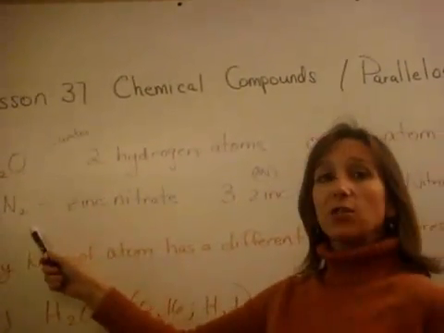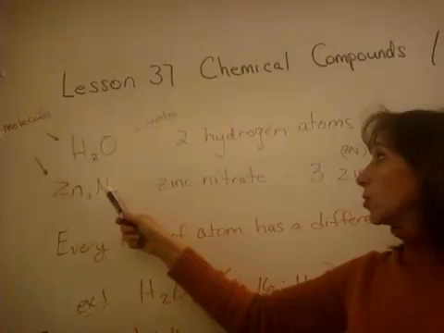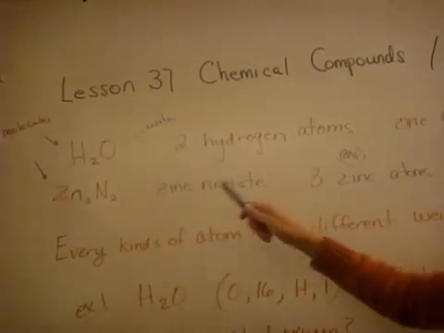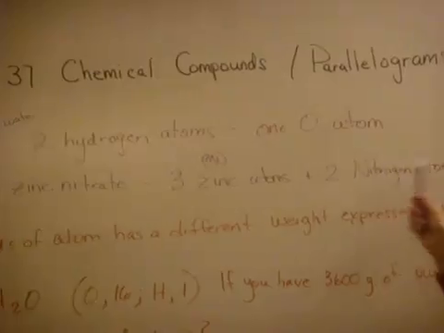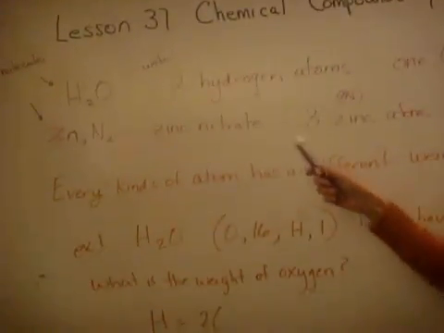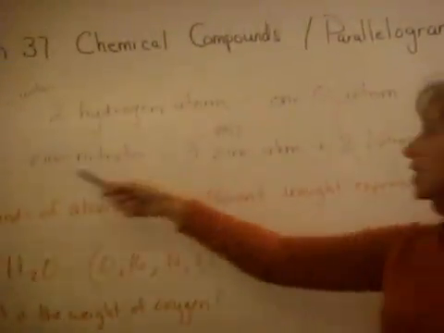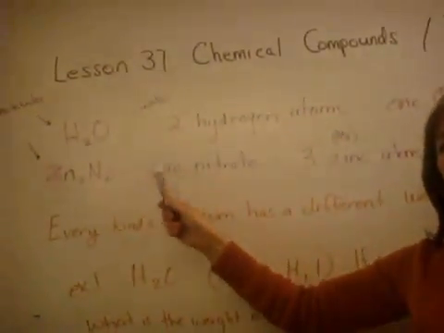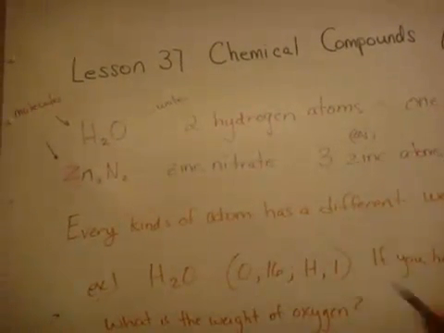This is zinc nitrate, and it's 3 zinc atoms and 2 nitrogen atoms. Every kind of atom, so this is made up of zinc and nitrogen. Each of those atoms has a specific atomic weight. So that's what this is.